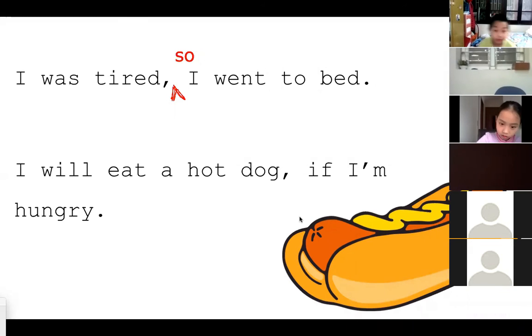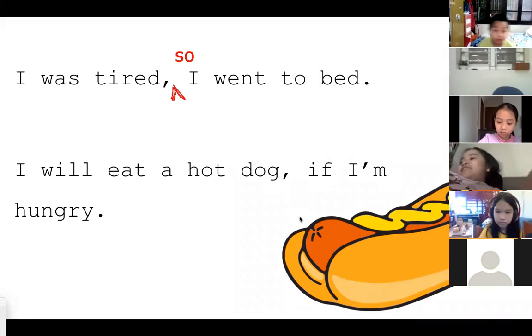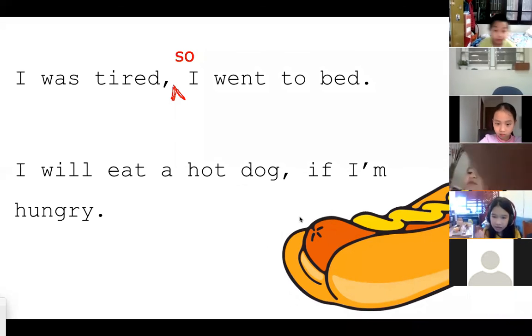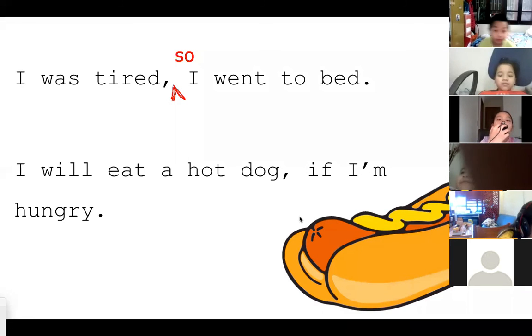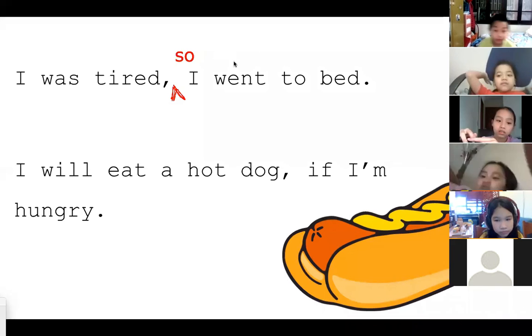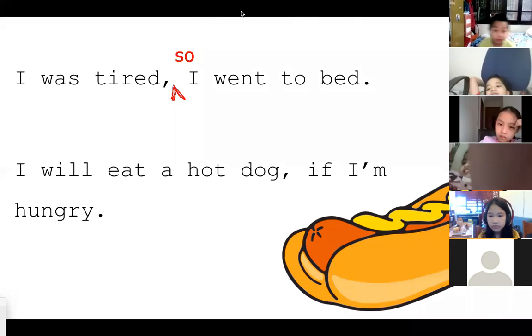Take the word am? No, not. It's not a word we need to take away. What is our subordinating conjunction in this sentence? The joining word that connects the two ideas. Oh. If. Where is the word if?